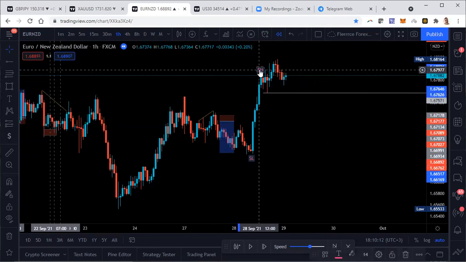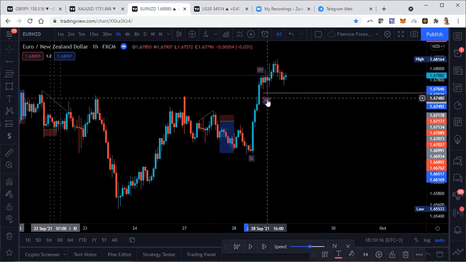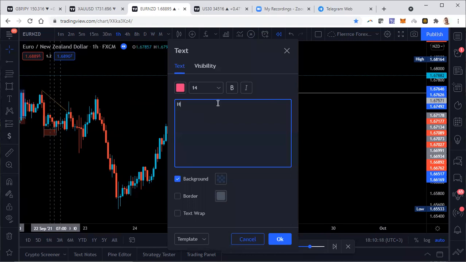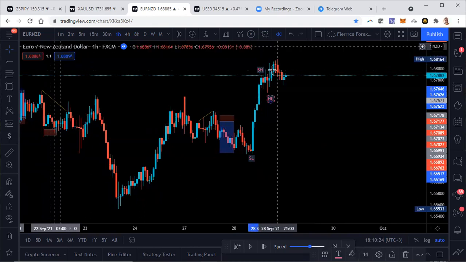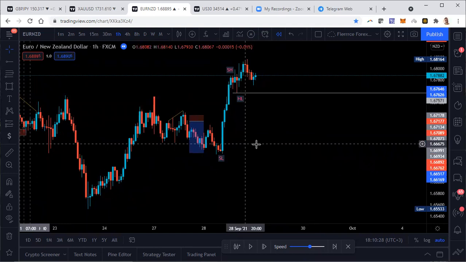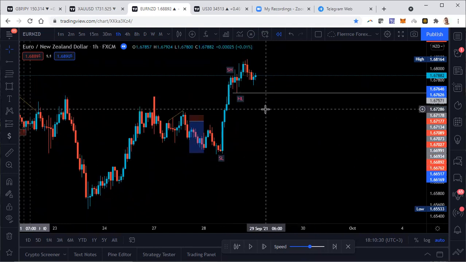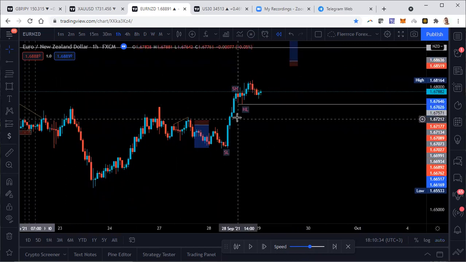So it's actually a higher low. Remember, when you're on an uptrend, you're looking at higher highs and higher lows to signify an uptrend, right? Okay, so we've seen that happen.